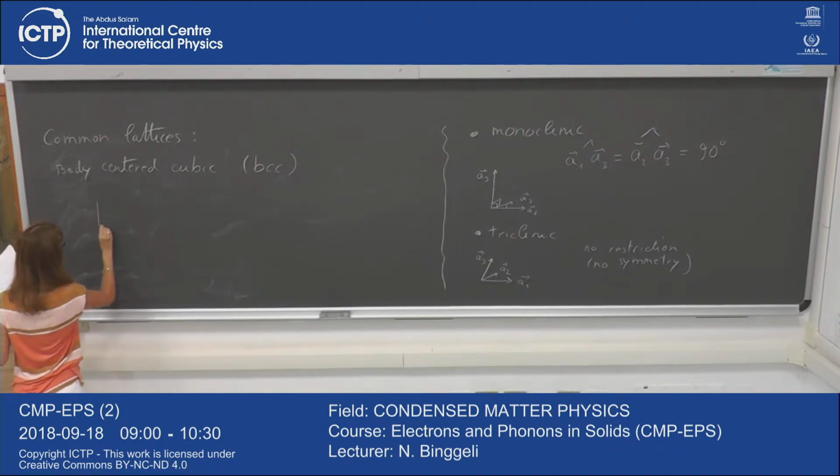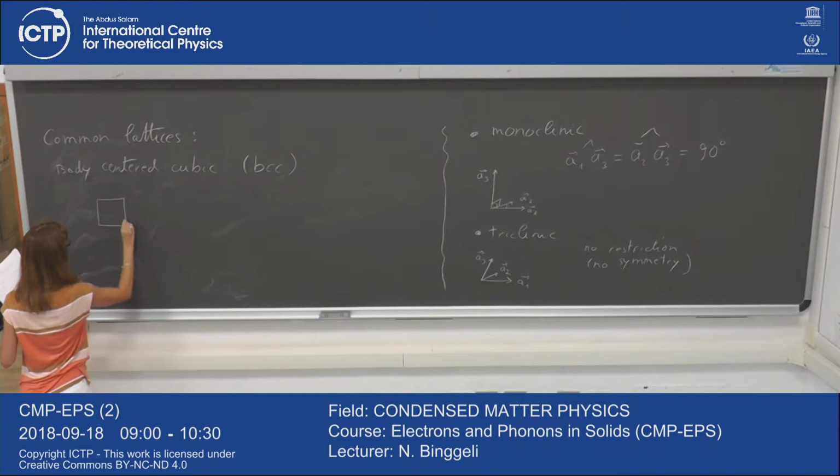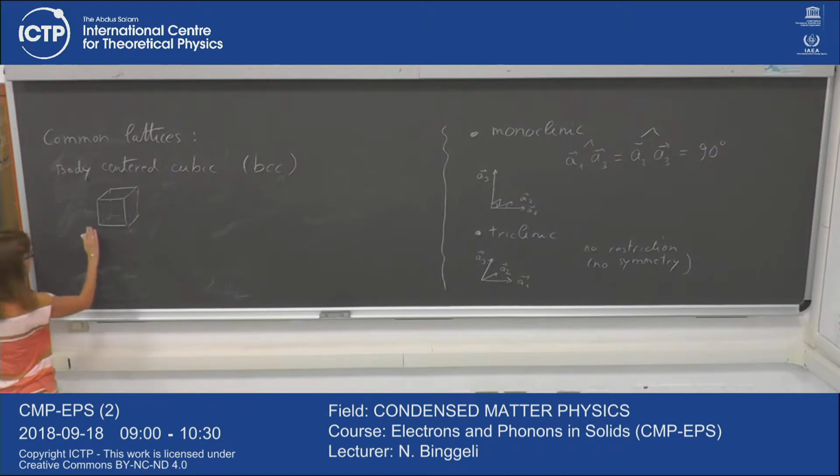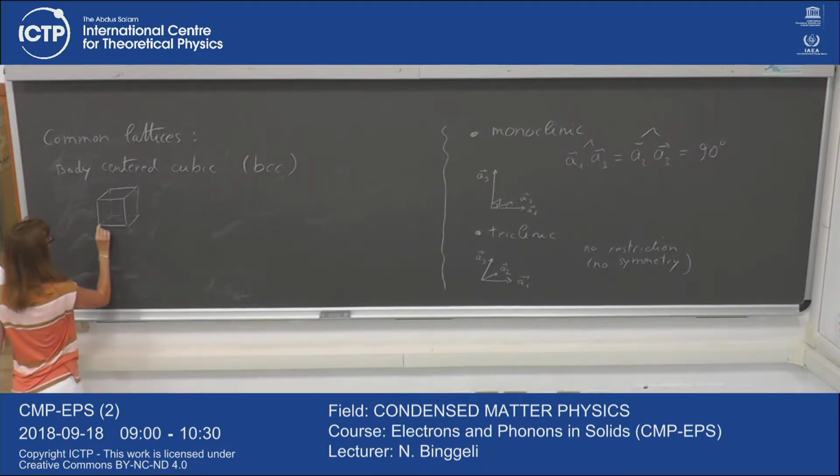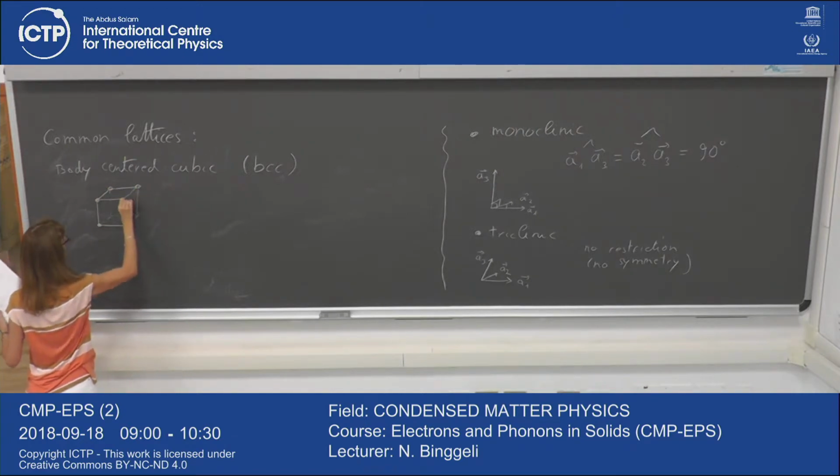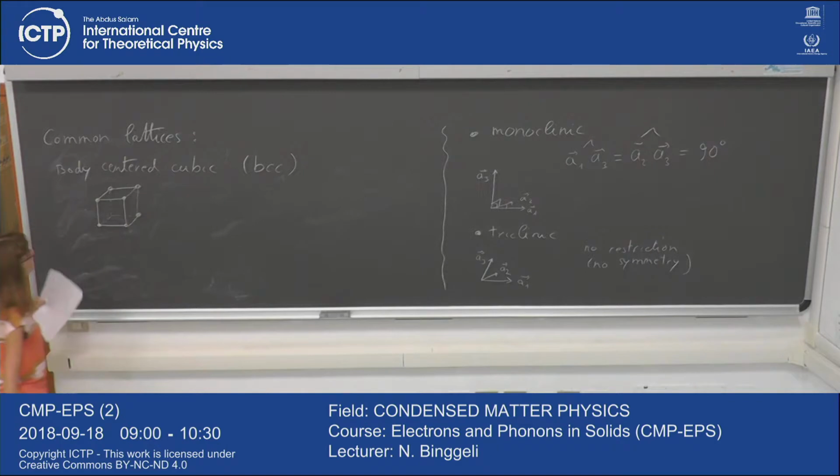So I have a cube here, with the 3 primitive vectors A1, A2, and A3 corresponding to the edges of my cube, and in the body-centered cubic lattice, I have lattice points at the corners of the cube.